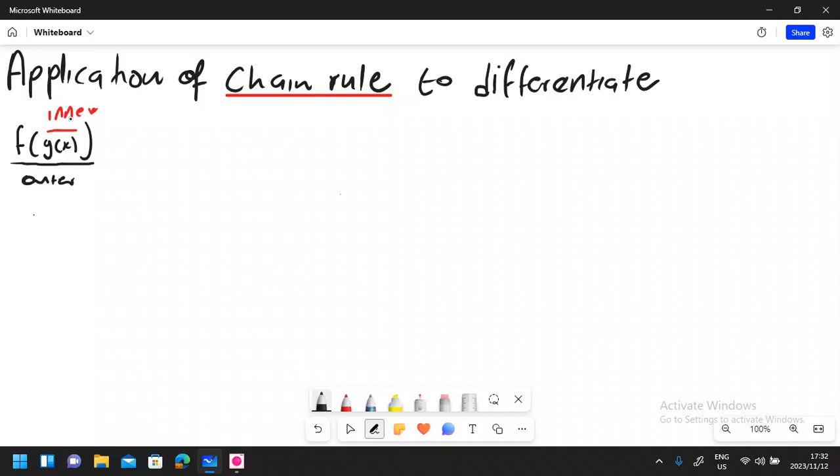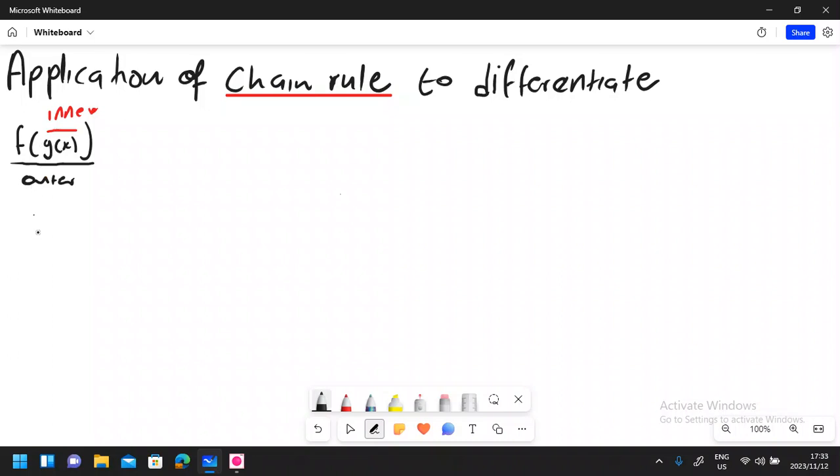So the outer function is the one where the inner function is within it. I hope this makes sense to you guys. The colors represent the outer function and the inner function: red is for the inner and black is for the outer, so do not forget that one.